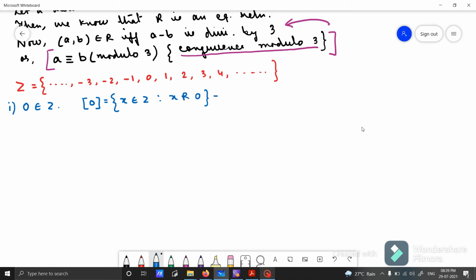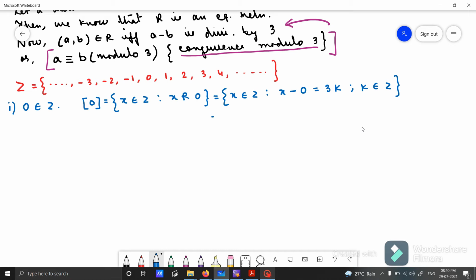That means all those x in Z such that x minus 0 is divisible by 3. x minus 0 divisible by 3 means x minus 0 is equal to 3k, where k is some integer. That is, x minus 0 is a multiple of 3, and a multiple of 3 means 3k, where k belongs to Z.